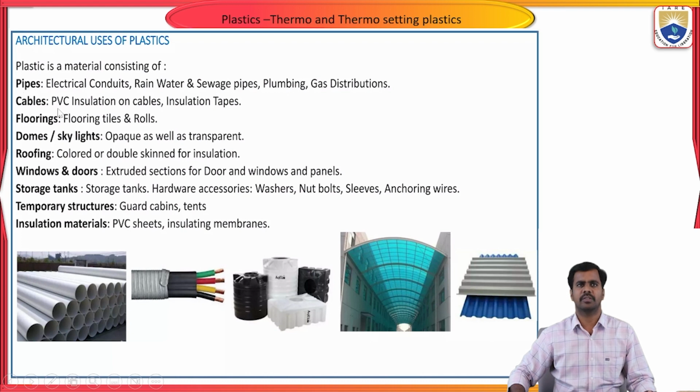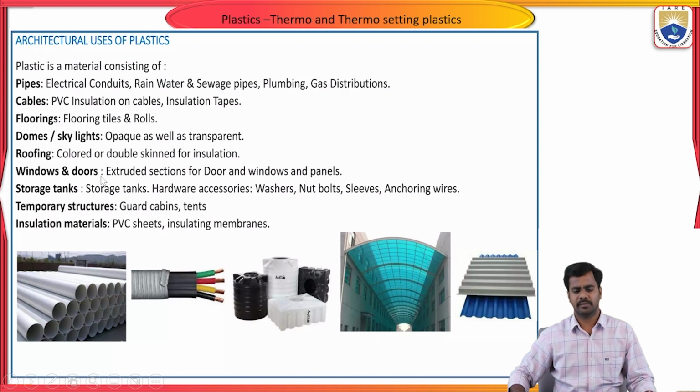Next, cables: PVC insulation on cables, on insulation tapes, etc. And floorings. Nowadays, plastic is used as flooring tiles and rolls. And domes and skylights, opaque as well as transparent.